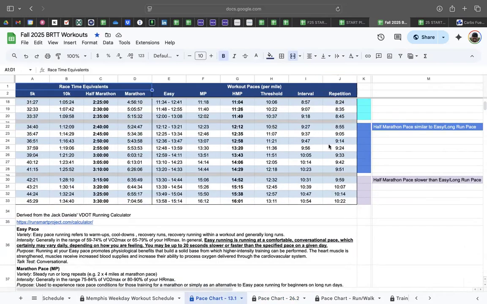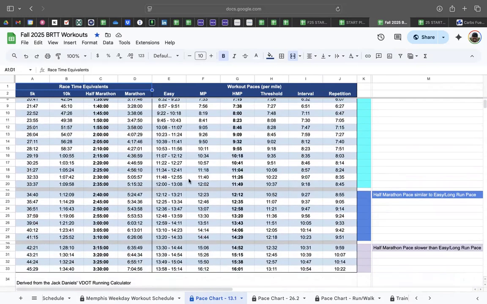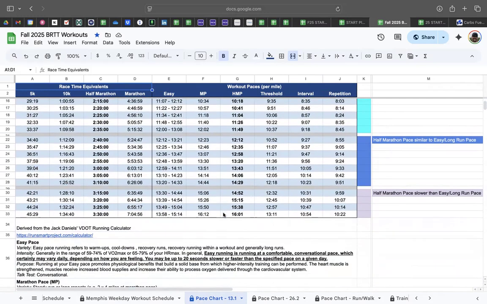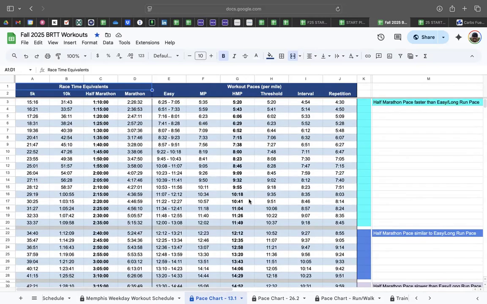And we'll see that here for half marathoners as well. 2:35 and faster for a half marathon, easy pace is slower than half marathon pace. 2:40 to 3:10, they're roughly the same or overlapping. And then a 3:15 half marathon and on back, your easy pace is going to be faster than your race pace. So that can just be helpful to know throughout your training.